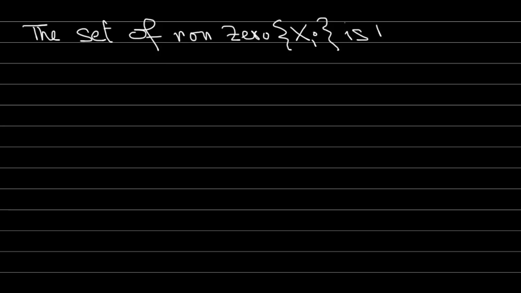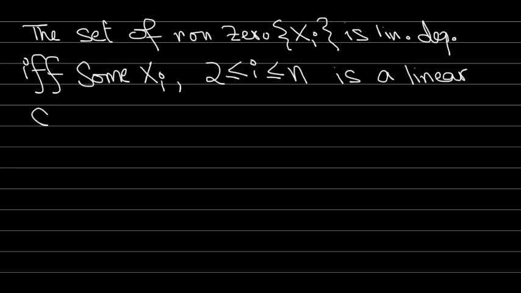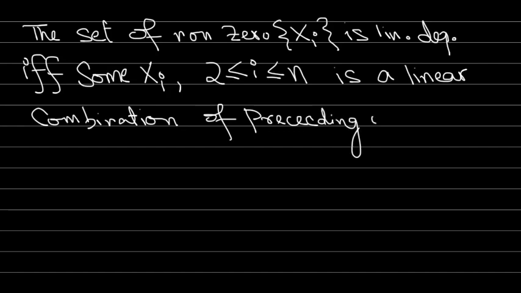It is linearly dependent if and only if some xi, that is for i greater than or equal to 2 up to some n, is a linear combination of the preceding ones, right?